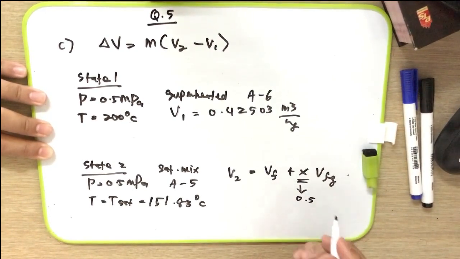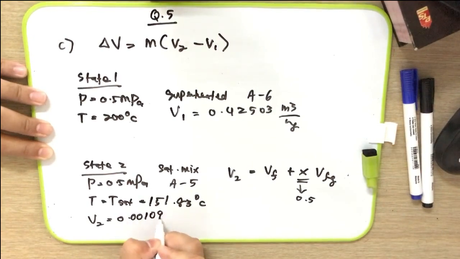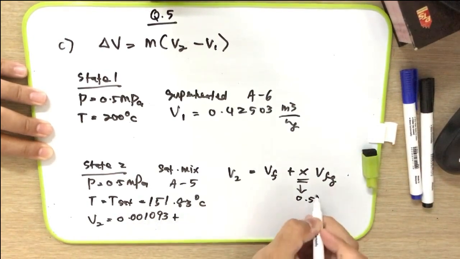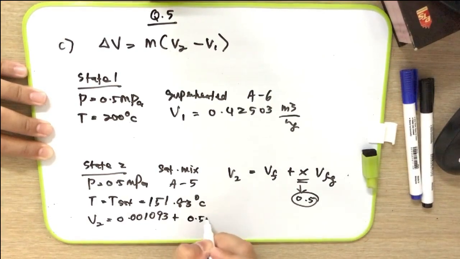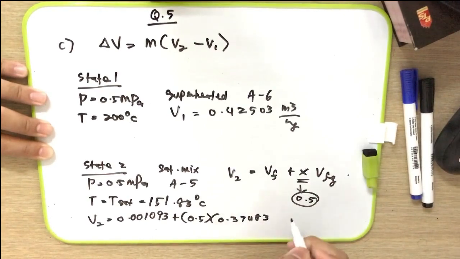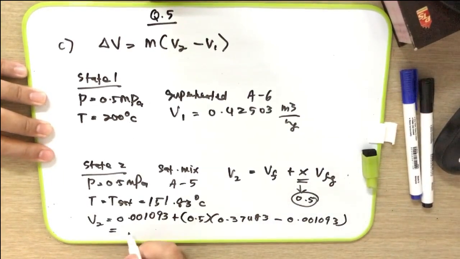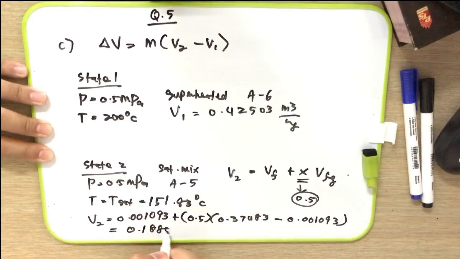Because of that we can find V2 is equal to 0.001093 plus 0.5 times 0.37483 minus 0.001093, so you will get 0.1880 meter cube per kg.